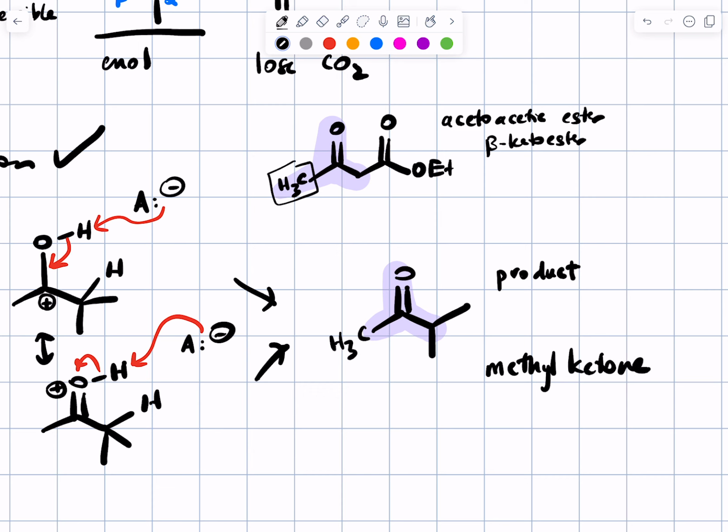That is a ketone in which one of the two carbons attached to the carbonyl is a methyl group. That's a structural feature indicator. If you see a methyl ketone, you should be thinking, I could have gotten that from acetoacetic ester using alkylation chemistry followed by ester hydrolysis, decarboxylation, and tautomerization.